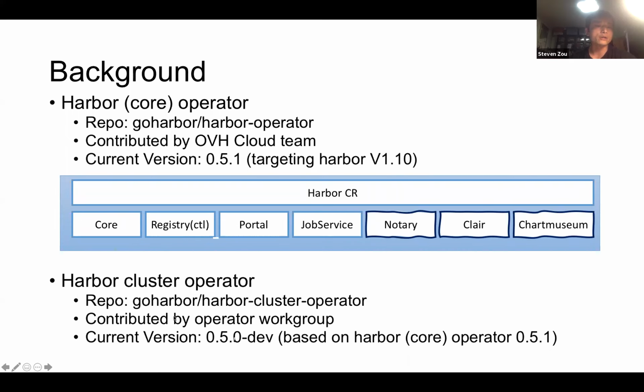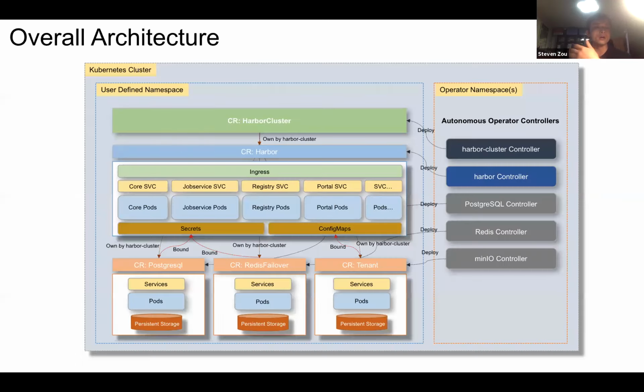This operator is built based on the core operator and not only covers the Harbor components, it will also cover all the dependent services of the Harbor component services, like the PostgreSQL database, the Redis cache, and the storage. Here is the overall architecture of the cluster operator.